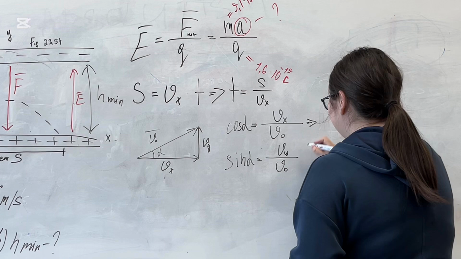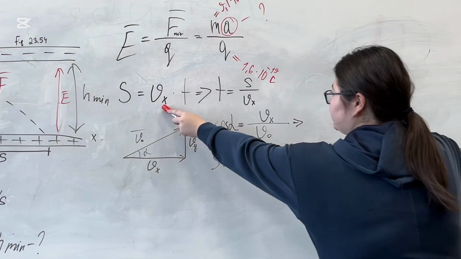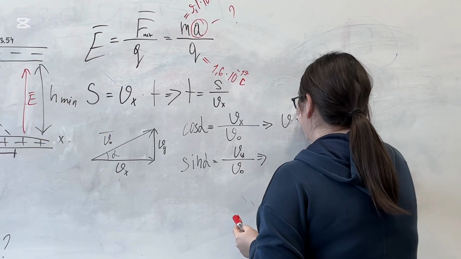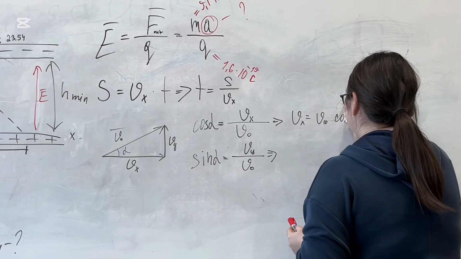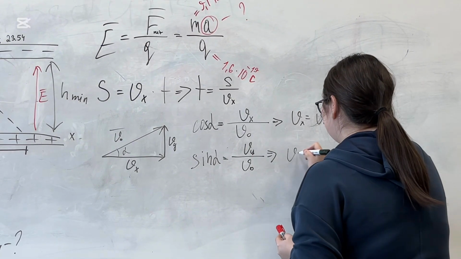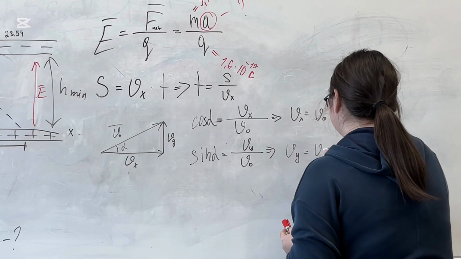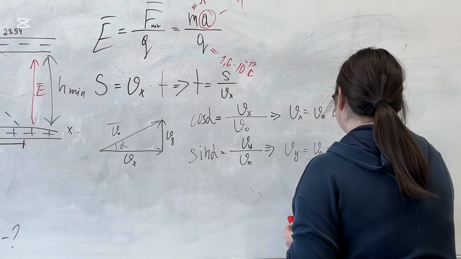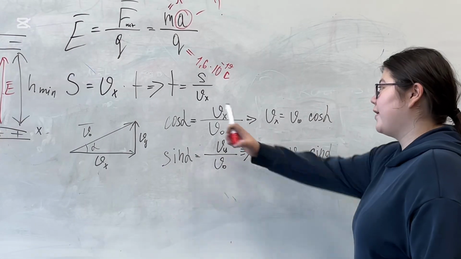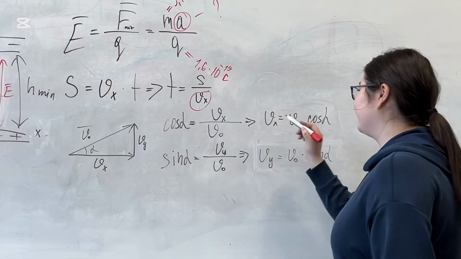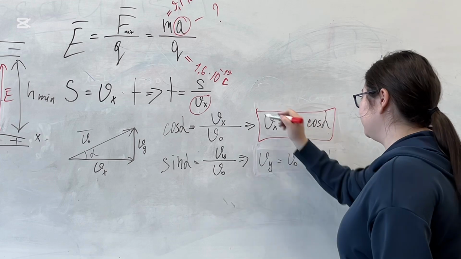From these formulas, we need to find Vx. Vx is equal to V0 multiplied by cosine alpha, while Vy is equal to V0 multiplied by sine alpha. We found what we needed here. Let's outline the formulas.